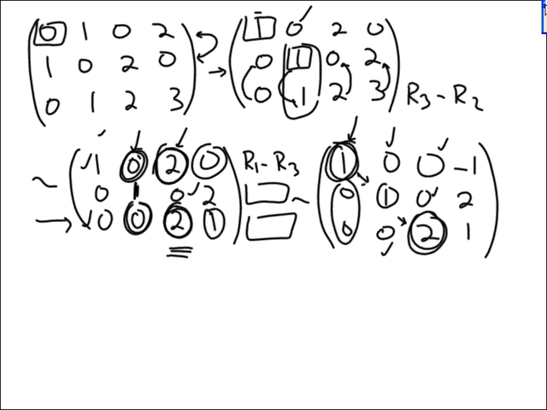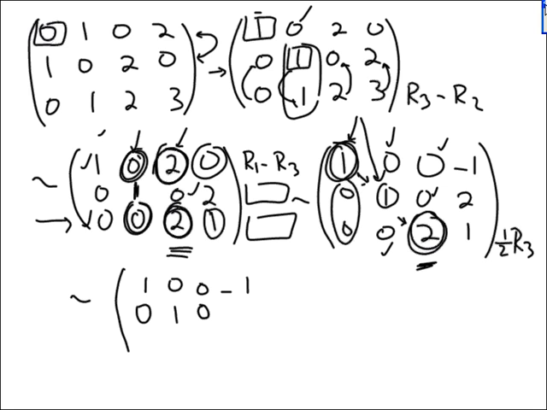Well, we caught a break here and here. They are 1. It's this 2 that we don't like. So we multiply row 3 by a half, or we divide by 2. It's the same. We will divide by 2.